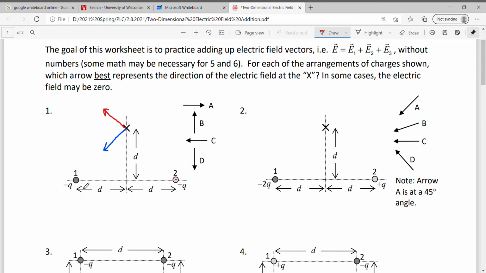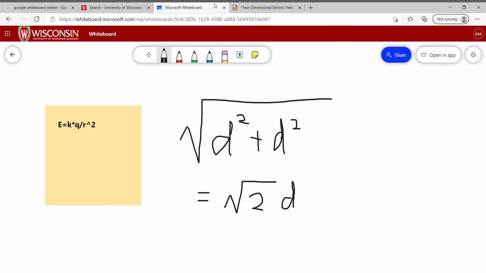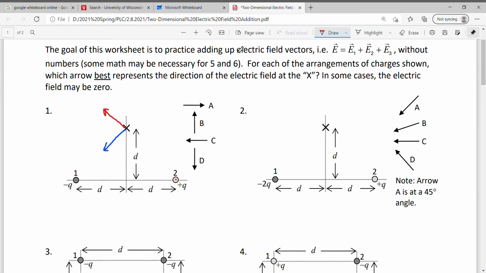And they have the same amount of charge, which is q. Therefore, their electric fields have the same magnitude, which means the length of this red arrow and this blue arrow are equal.